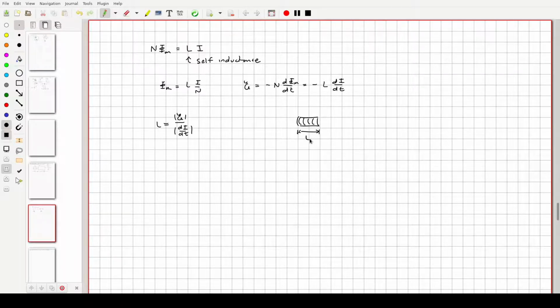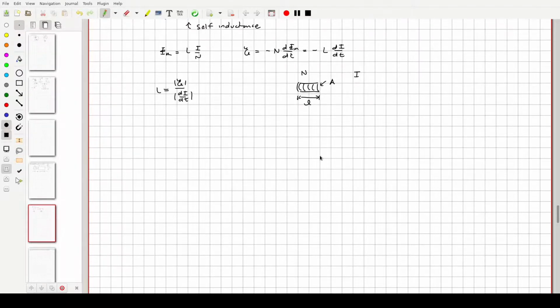We've already used L, so we'll use cursive L for length. We have an area here, which I'll call A. There's the number of turns, which is N in our coil. And perhaps there's this much current running through it.